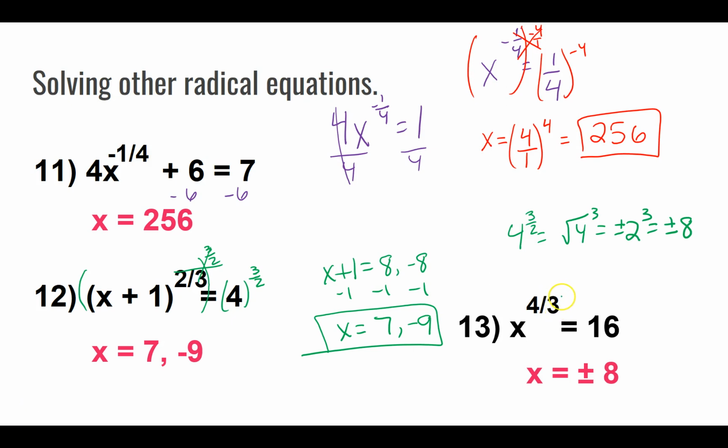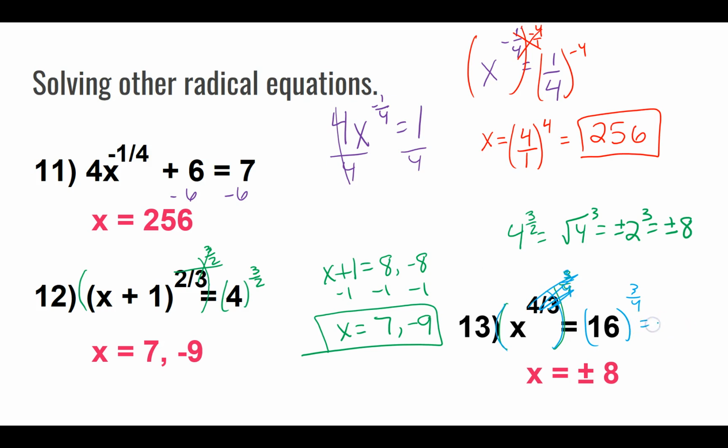What exponent did we bring to both sides? 3 over 4. Let me change my color, it's easier to see. So after this, your exponents cancel, right? Simplify 16 raised to the 3 over 4.